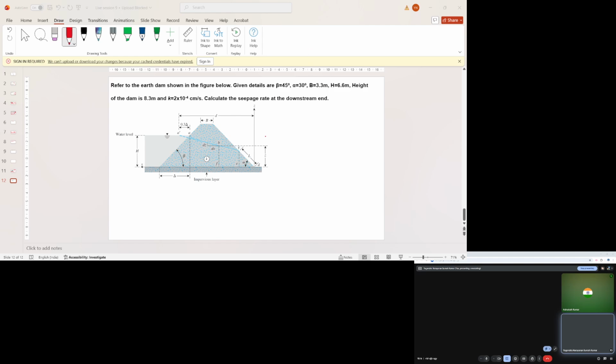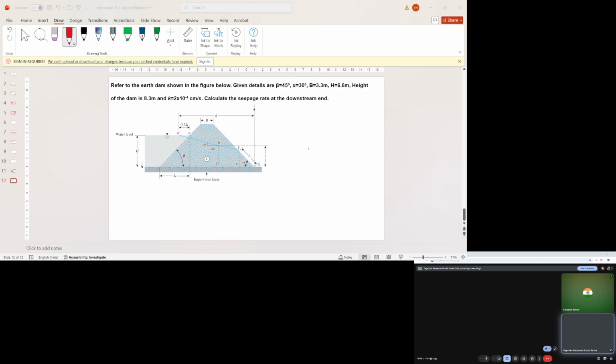L. L is the distance between the toe of the dam to the outcrop point, which is given by the relation L = d by cos alpha minus the square root of d square by cos square alpha minus h square by sin square alpha.